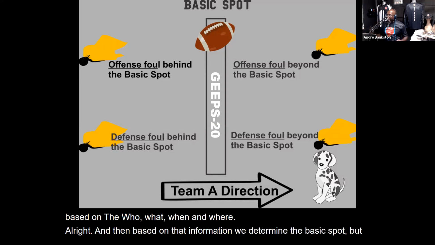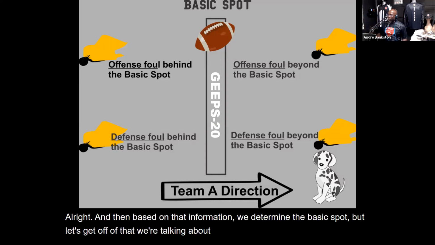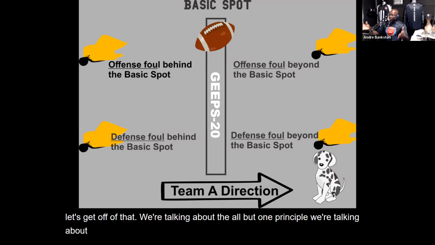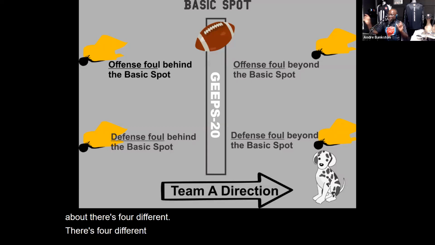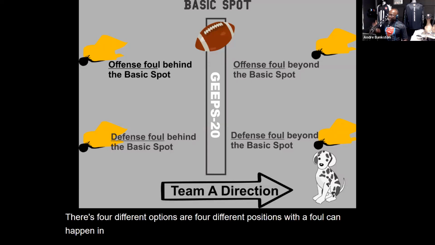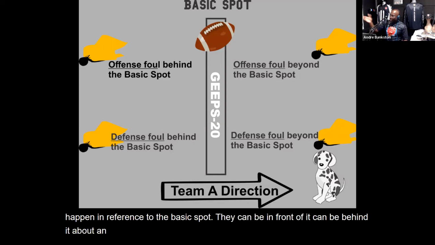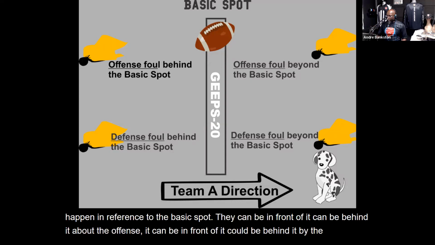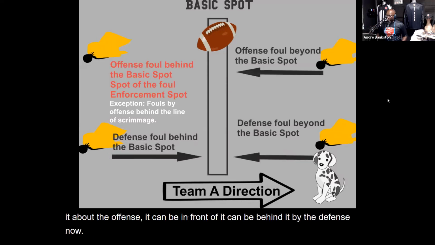But let's get off of that. We're talking about the all but one principle. We're talking about there's four different options or 4 different positions where the foul can happen in reference to the basic spot. It can be in front of it, it can be behind it by the offense, it can be in front of it, it can be behind it by the defense. Now, look at another diagram.